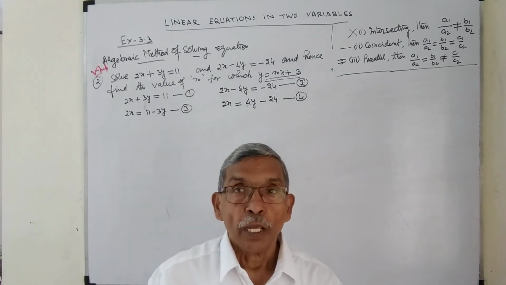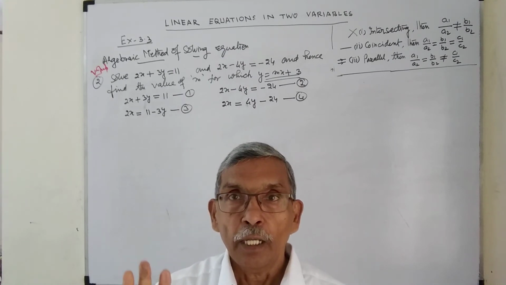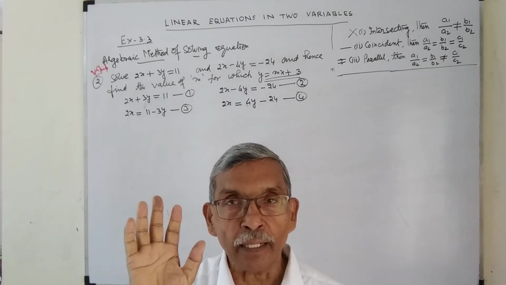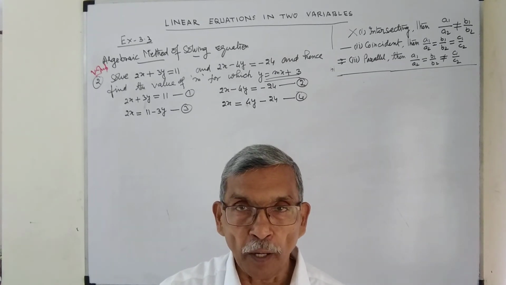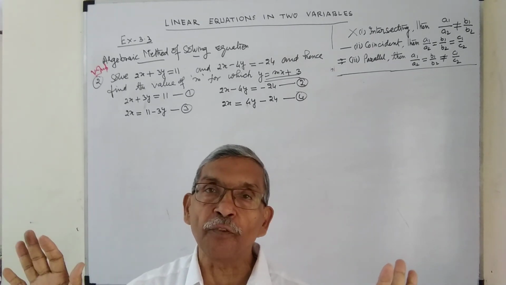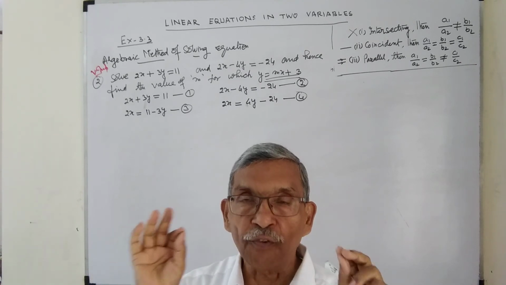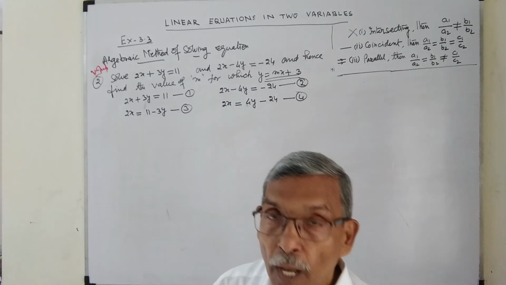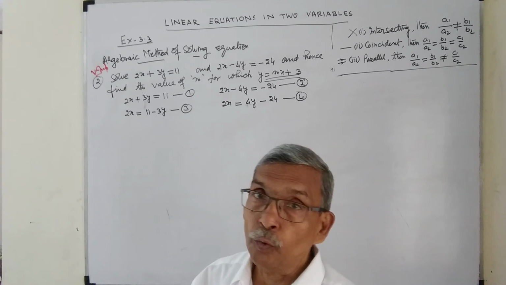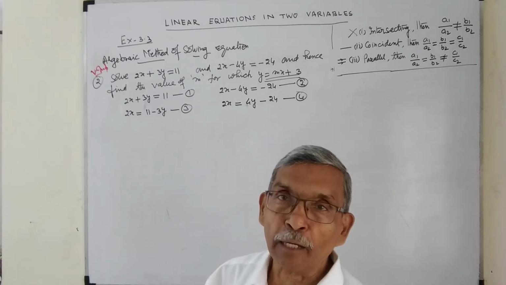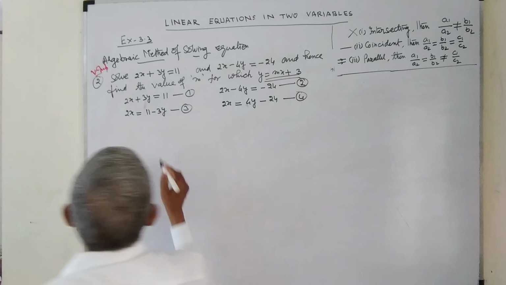If some specific method is not given in the question paper, you can solve it any way which is convenient, which is easy for you. But if some specific method is given, you will have to do it by that method only.